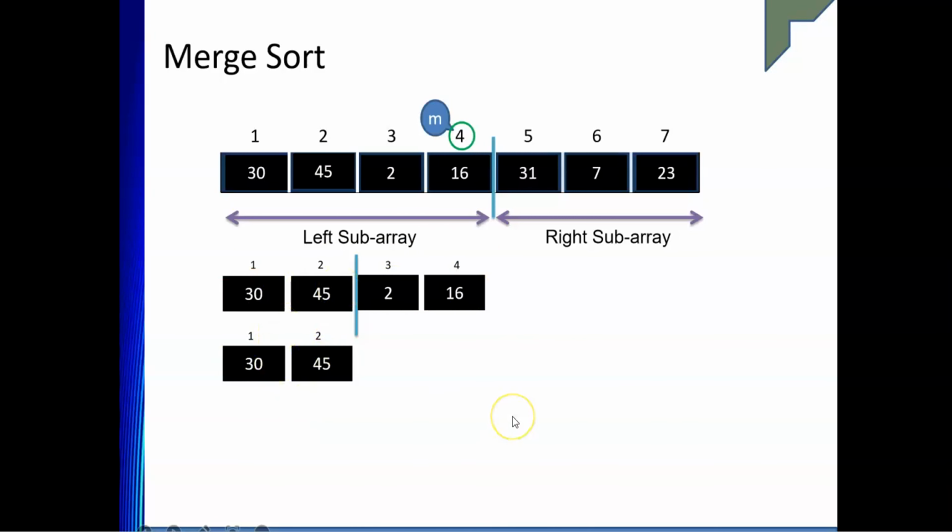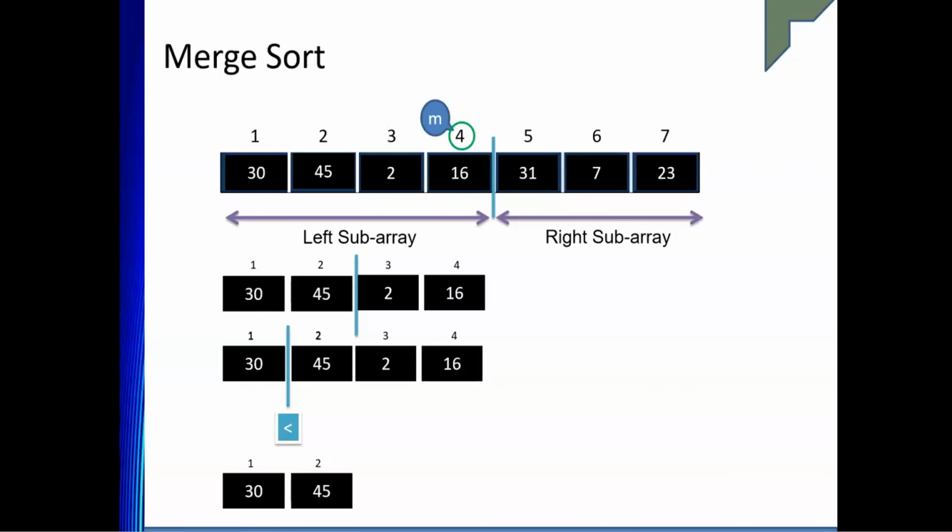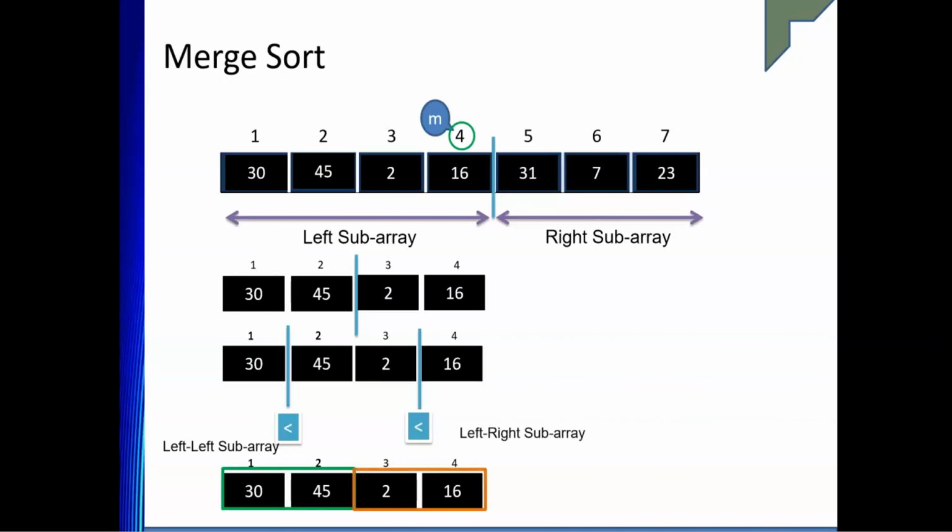It will be divided into 30 and 45. Similarly 2 and 16 will be divided into 2 and 16. So this is my left sub array, and this is my left-right sub array.